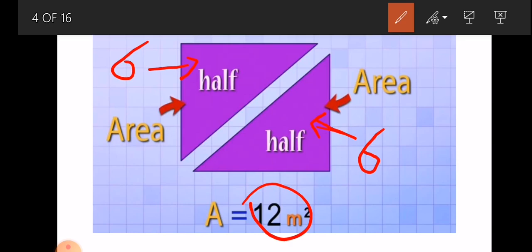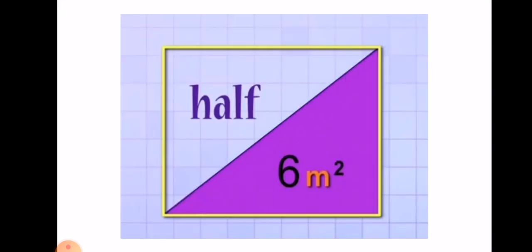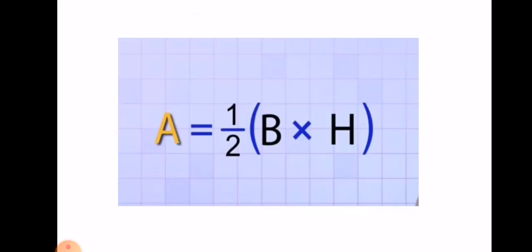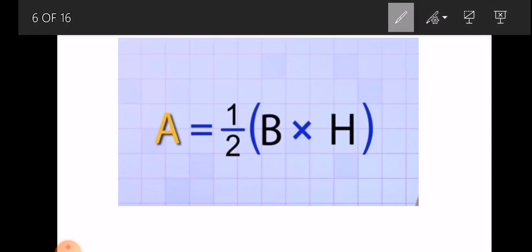Yes, we said for the parallelogram, which is like the rectangle, it is base multiplied by height. So the triangle will be what? Half of it. So half of it means half multiplied by the base multiplied by the height. Okay, so did you understand how we got this formula, how we reached it?